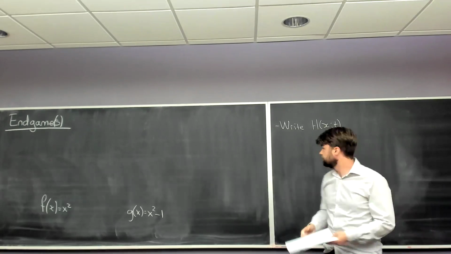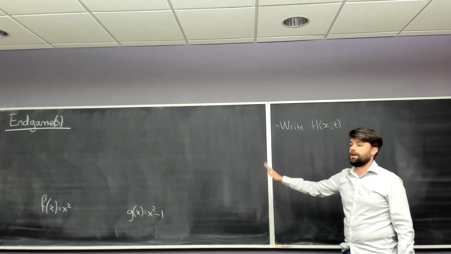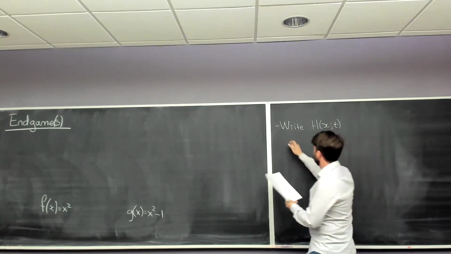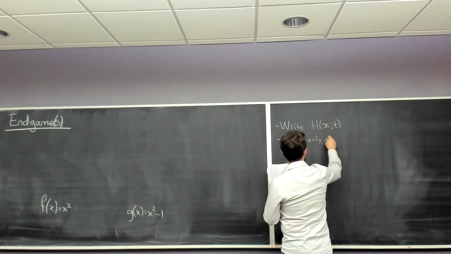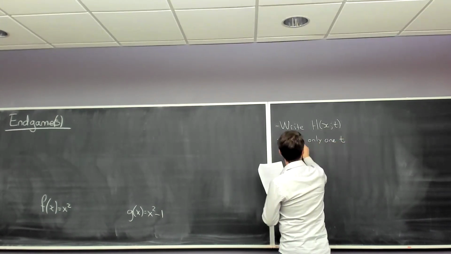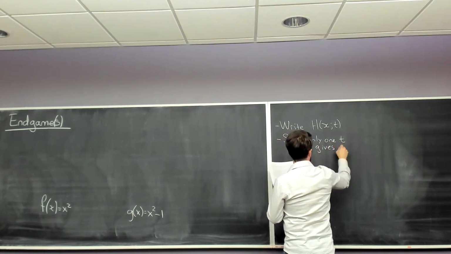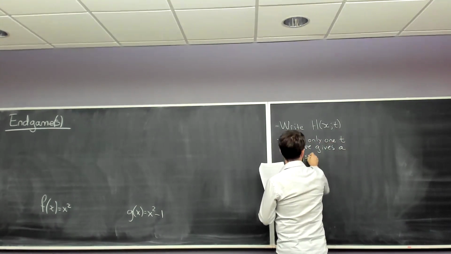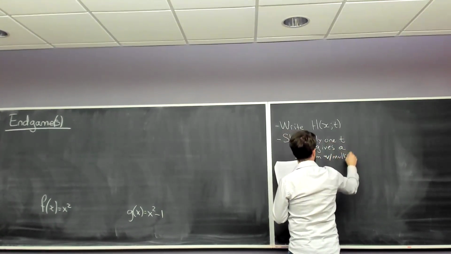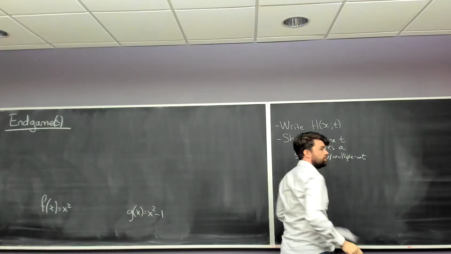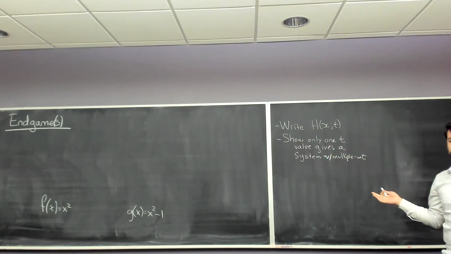First of all, write down the homotopy that we've been writing here, and go ahead and expand it and simplify. There's only one t-value, namely t equals 0, that actually gives a system with a multiple root.